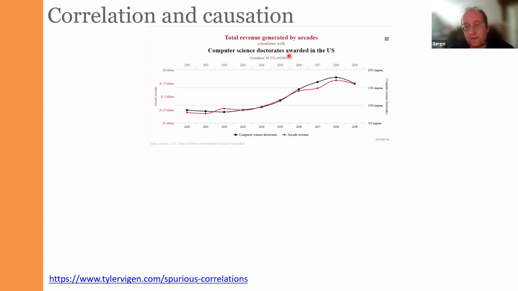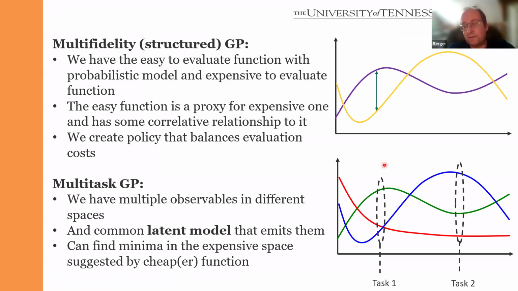Notice that I have highlighted multiple times that if we have the multi-fidelity Gaussian process or multitask Gaussian process, we assume that there is a correlative relationship between the two functions, or that there is the same mechanism by which the observations are emitted from the latent variable.